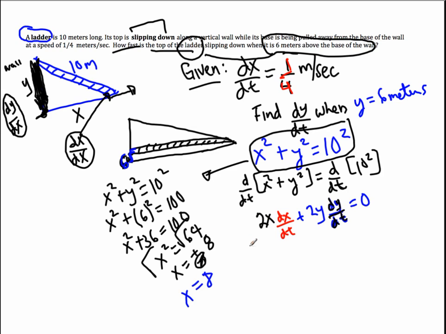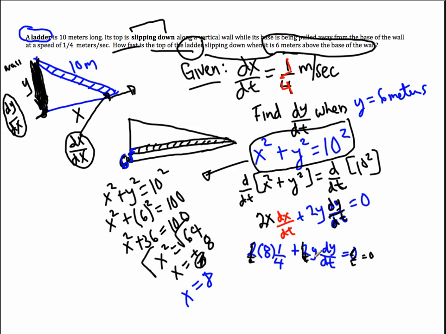So 2 times x, which is 8, times dx/dt, which is 1/4, plus 2y dy/dt equals 0. Now the factor of 2 is common, so I can divide by 2 and it goes away. 8 over 4 gives us 2.